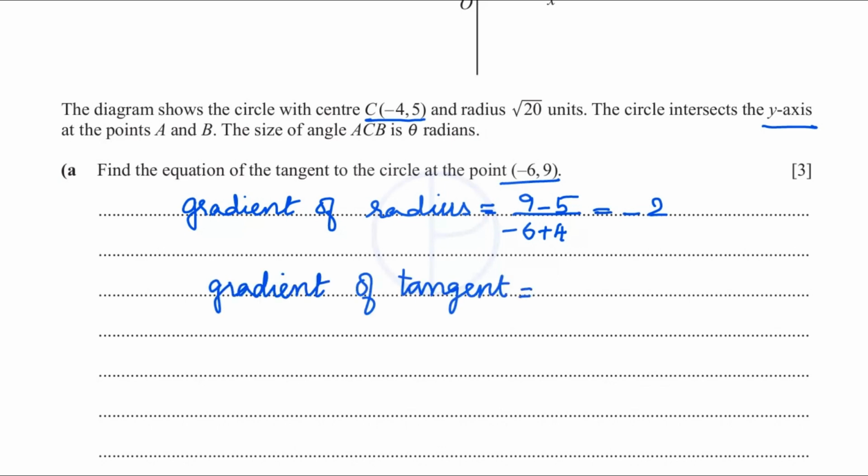equal to the negative reciprocal of the gradient of the radius. So we get 1 over 2. Okay.